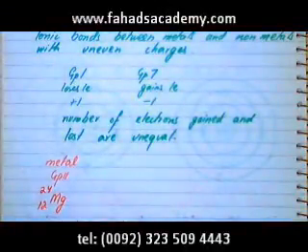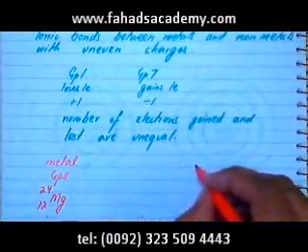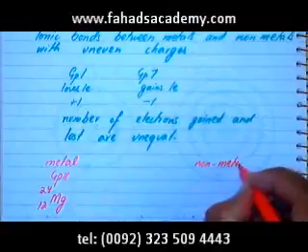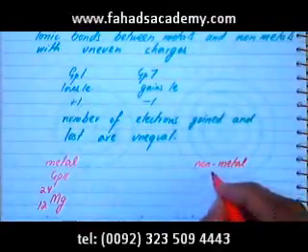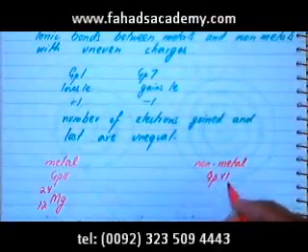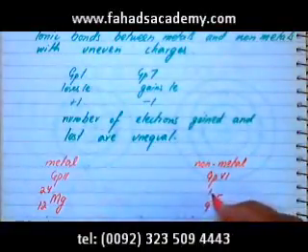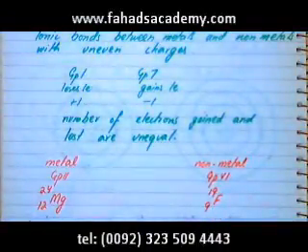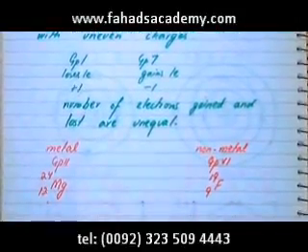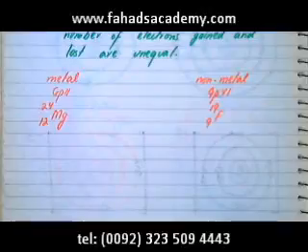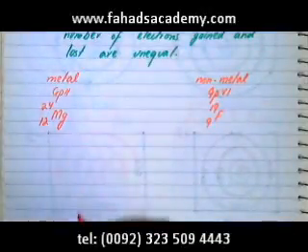And we have a non-metal which belongs to group 7, and it's fluorine, and it has a proton number of 9 and an atomic mass of 19. So we're going to try and draw the dot and cross diagram between magnesium and fluorine. Let's draw the diagrams first.